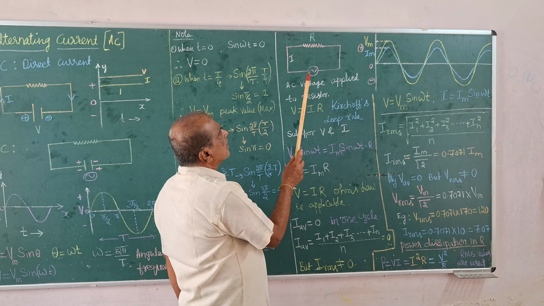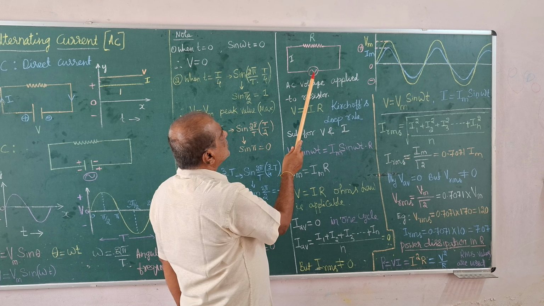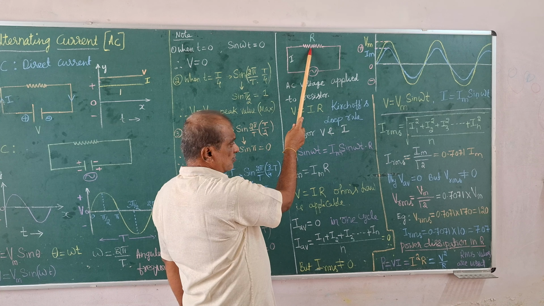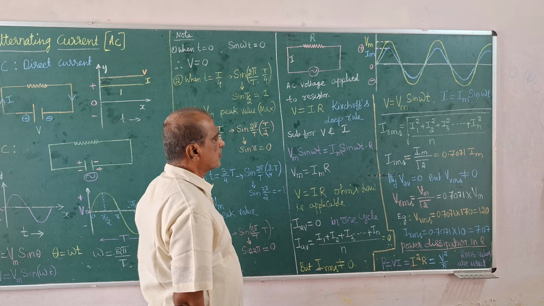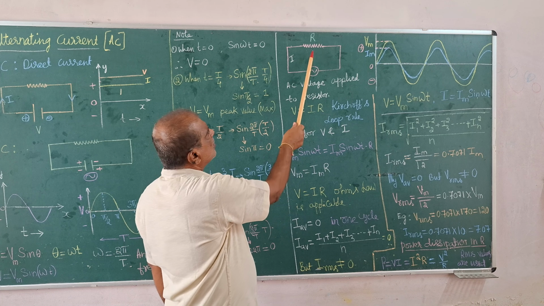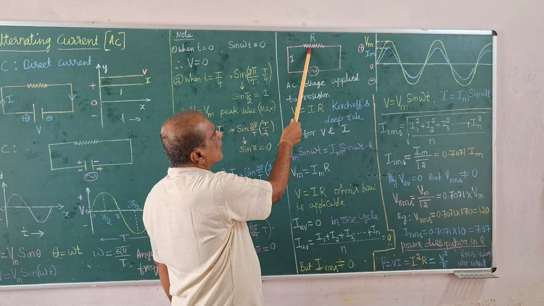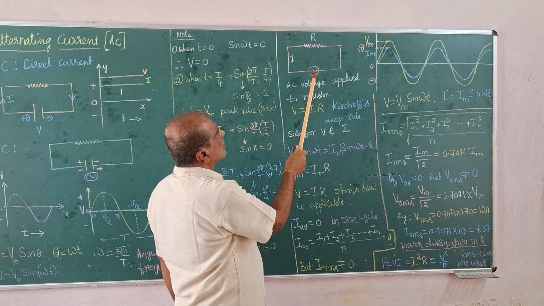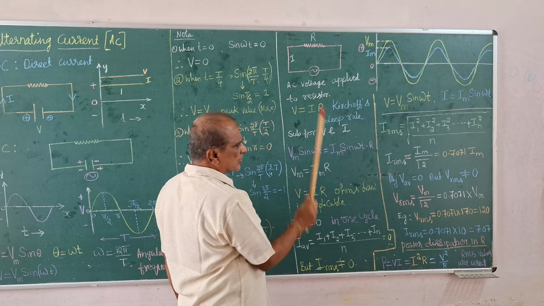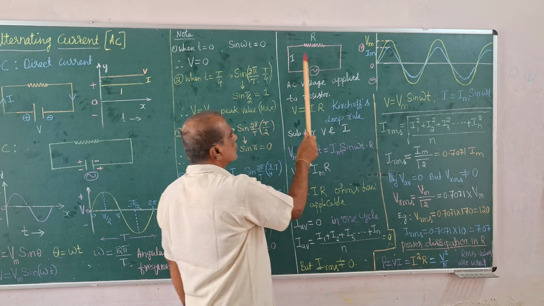That means when you apply a DC current of 7.07 amperes to this resistor, the same amount of energy, that is, power, is dissipated as when you apply an AC source of 10 amperes peak.